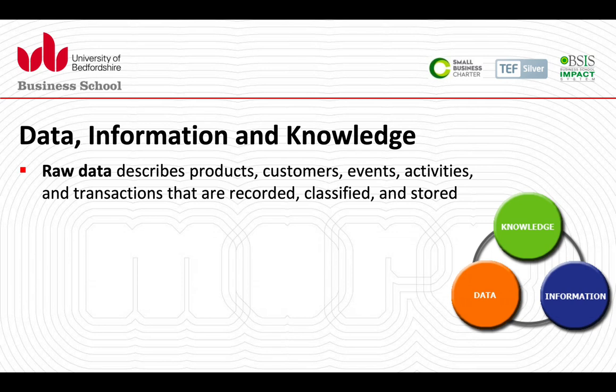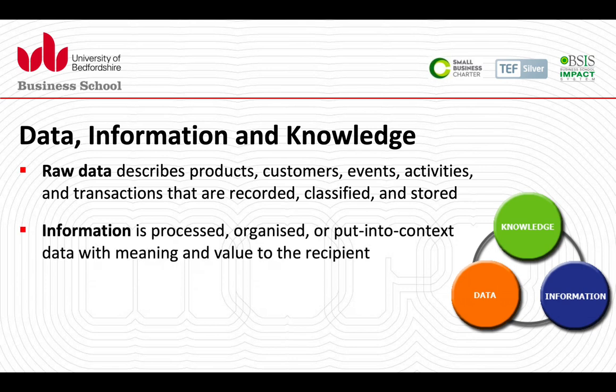Just like a raw material, data is very raw in its form, and it can be captured by different means and in different forms. It can be text, numeric, non-numeric, audio, video, or graphical shape. Then we transform this data, we process it, organize it, and information is the processed, organized data, put into context, with meaning and value to the recipient or the end user.